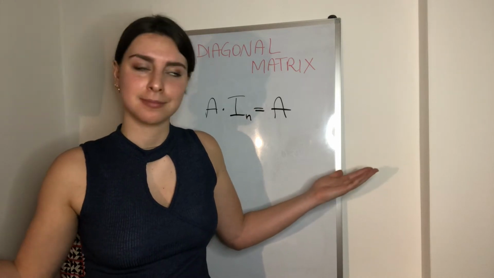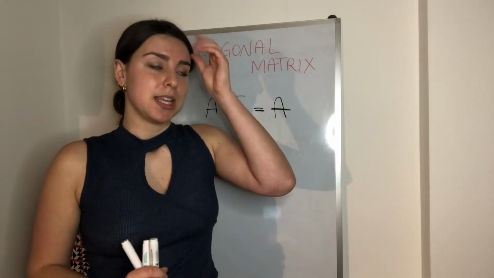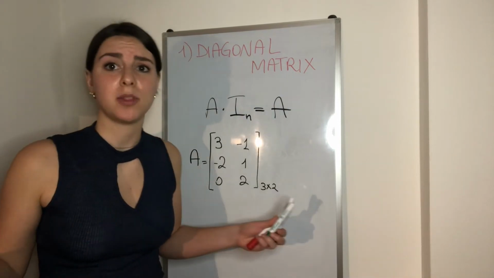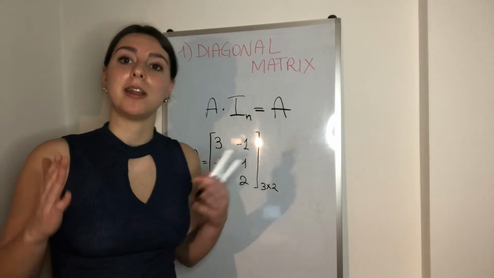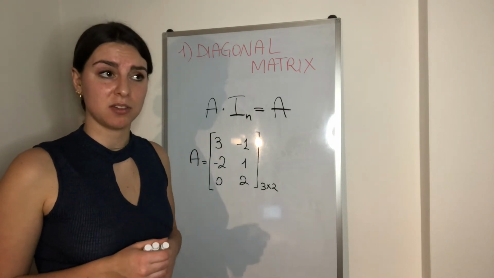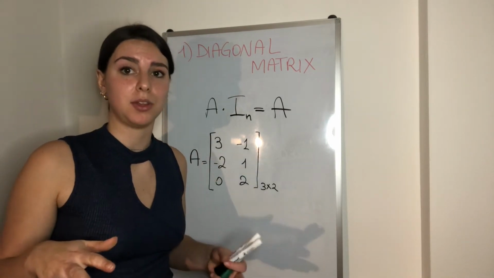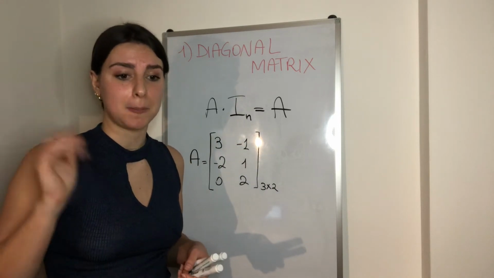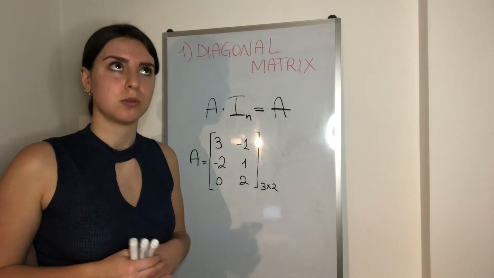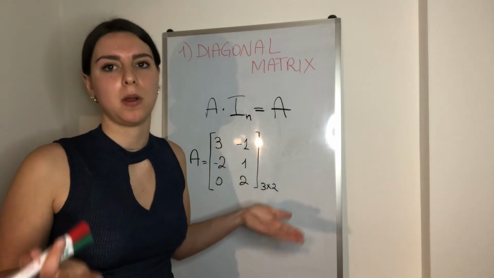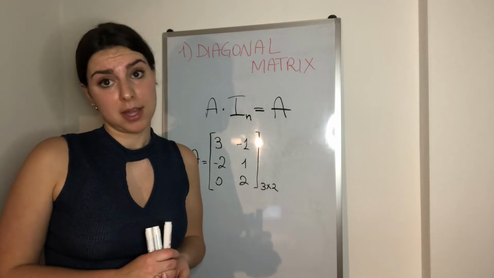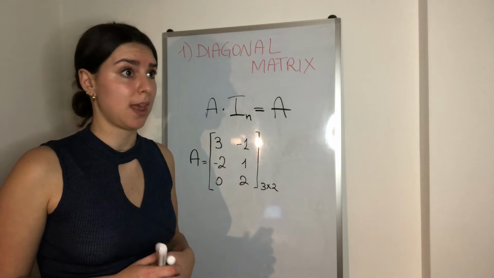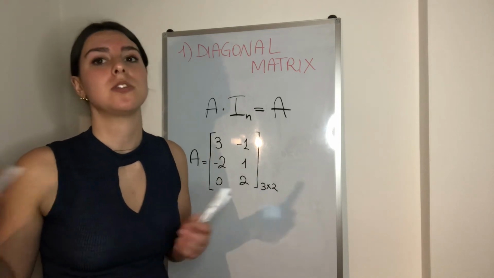How? Let's give an example, because it's not magic, so we can figure that out. We know damn well that our identity matrix will have zeros around the main diagonal and will have ones on the main diagonal. Let's figure out what dimension our identity matrix should have. We want to multiply them, right? And we know that we have a rule to multiply two matrices.